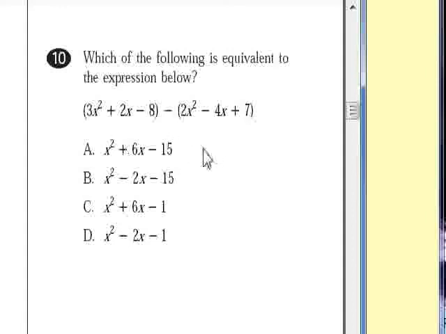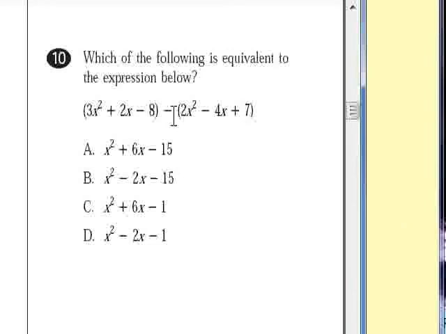So this is addition or subtraction of polynomials. Basically line up the like terms. Anything with an x squared, you're going to line up with something else with an x squared. Anything with just an x after it, you're going to line up with something else with just an x. Something that's just a number, you're going to line up with another number.